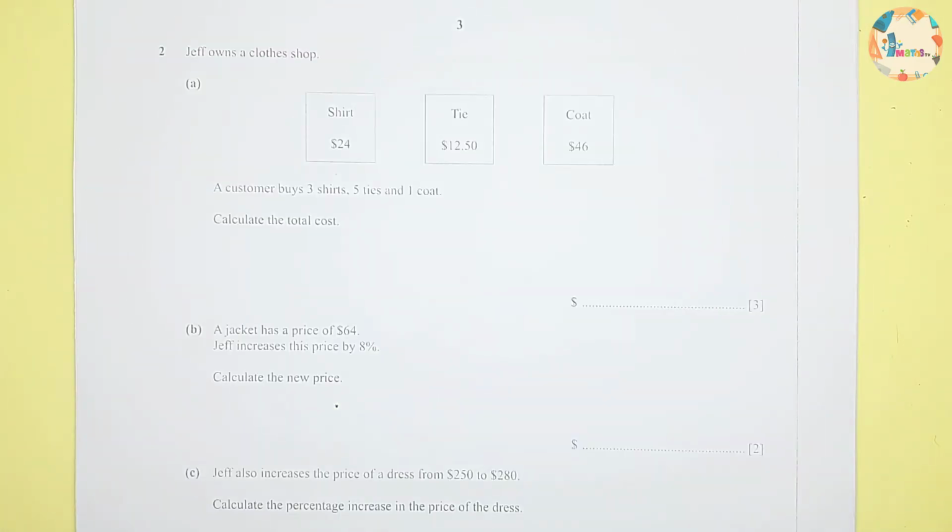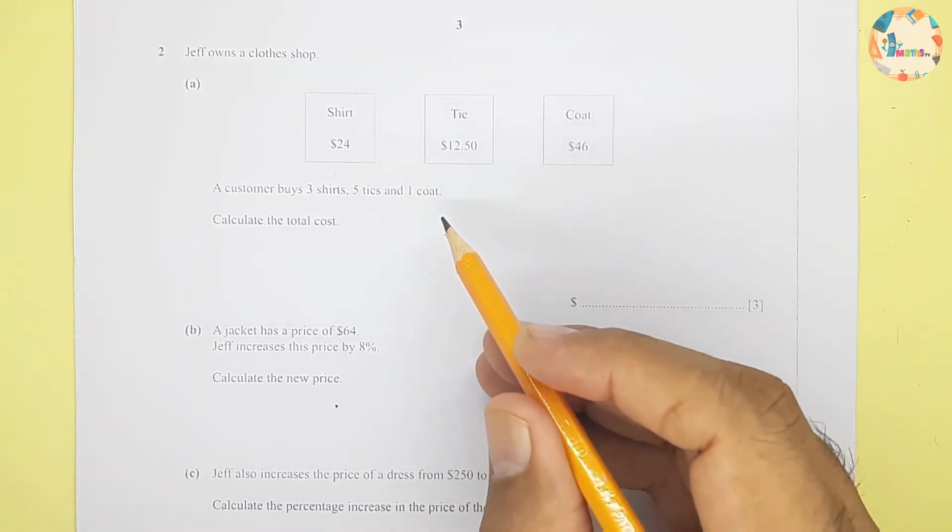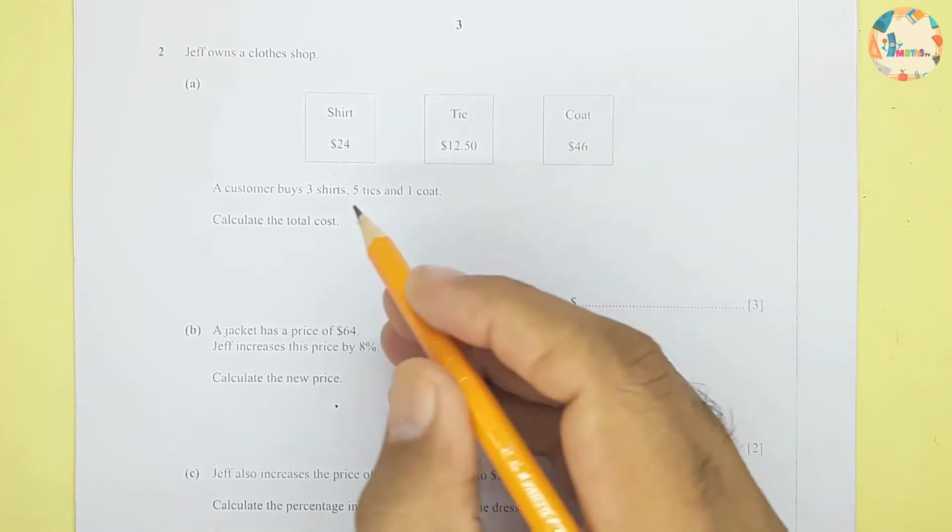Now question number 2. Jeff owns a clothes shop. Shirt, tie and coat prices are given. A customer buys 3 shirts, 5 ties and 1 coat.